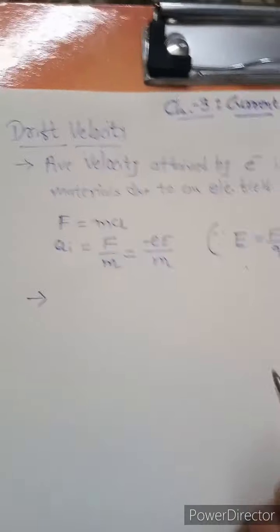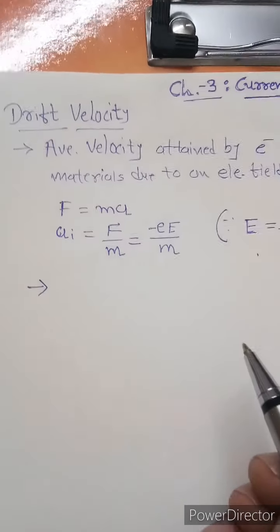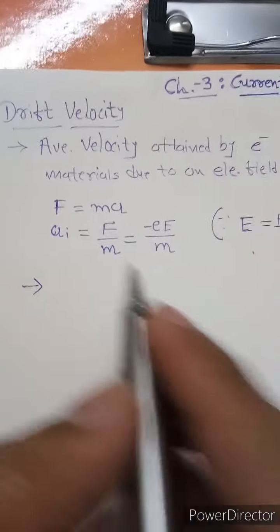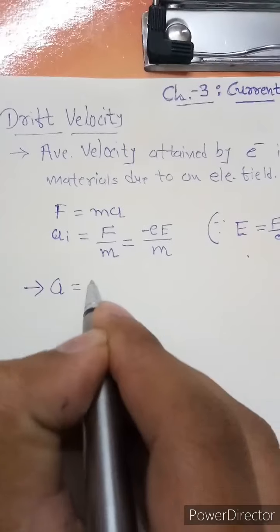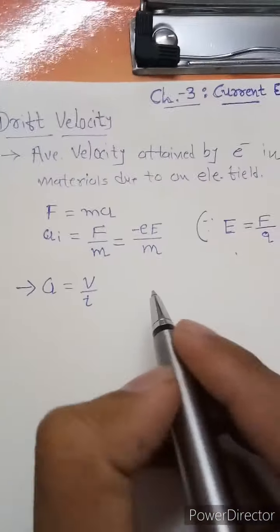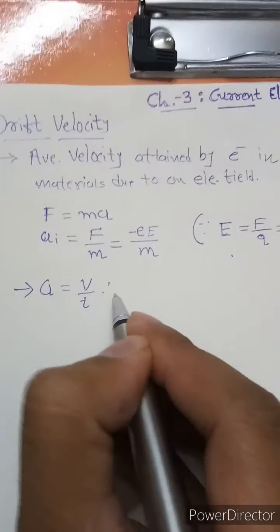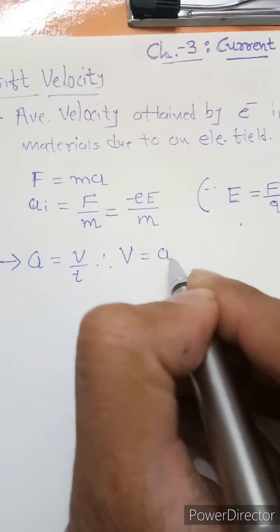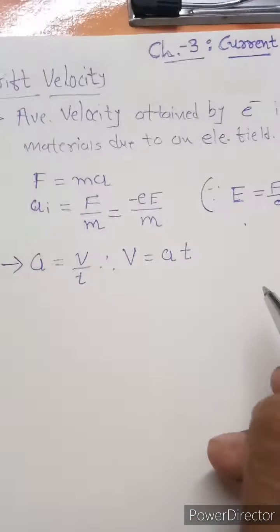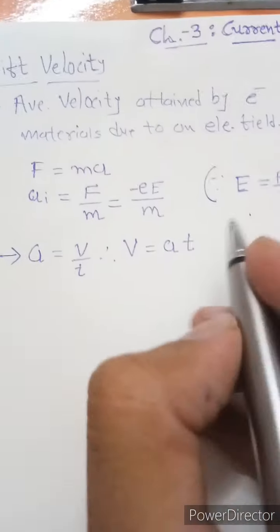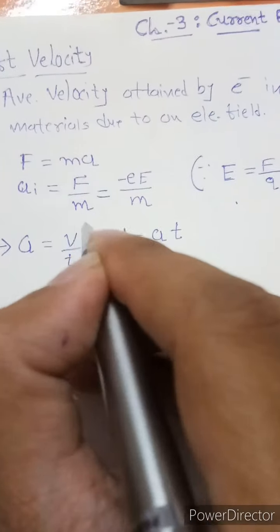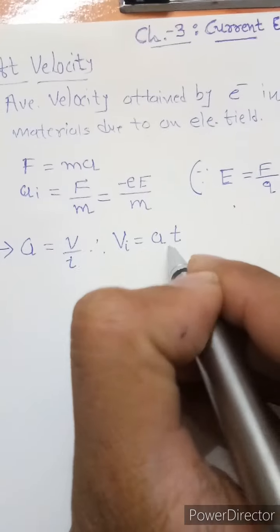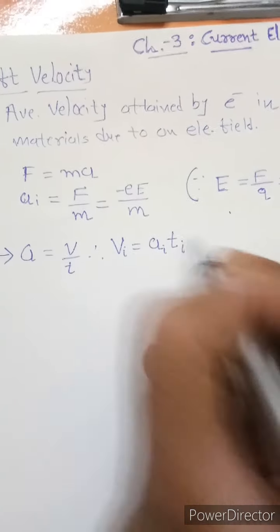Next, general formula of acceleration is velocity upon time. a is equal to v by t. So you will get velocity from this formula, which is v is equal to at. For the initial collision ai, let its velocity be vi, its time taken be ti.